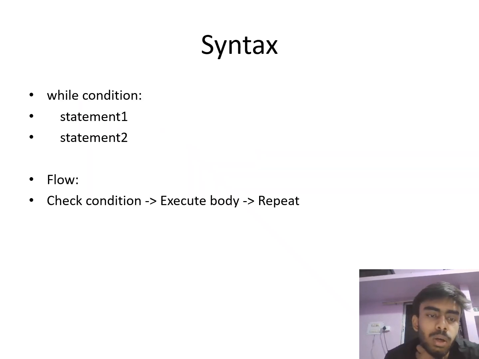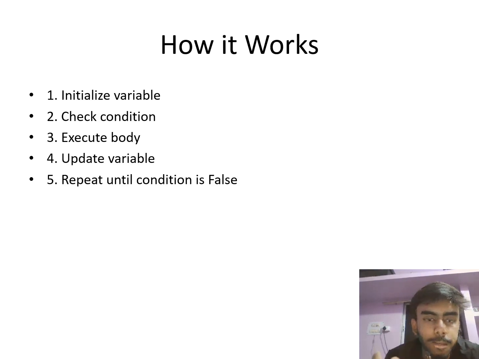So what is its syntax? I have already explained that while, then your condition, then give one indentation, then after that come in the next line, give one tab or space, then whatever statement you want to write, you can write over there. I have already explained its flowchart also: check condition, execute body and repeat. Now come to the next part.